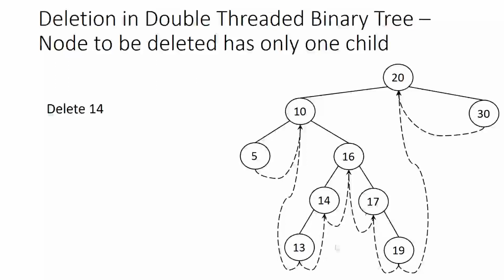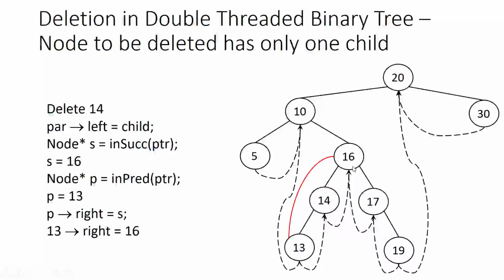Now, when you are replacing 14 with 13, the left child of 16 will become 13. So first that connection should be established. Now, when 13 is the left child of 16, obviously the right thread of 13 will be 16. So you will connect that also. And then you can delete 14 completely. So 14 will be deleted like this.